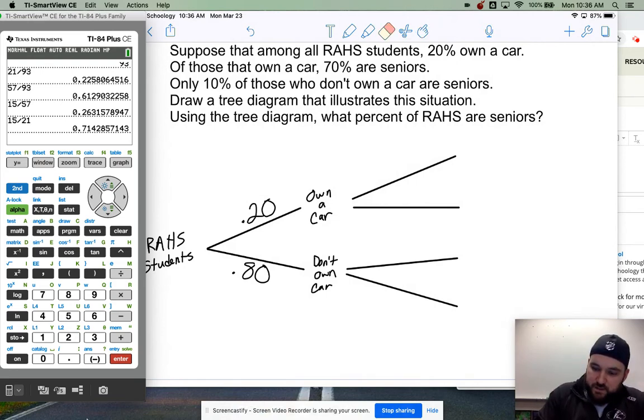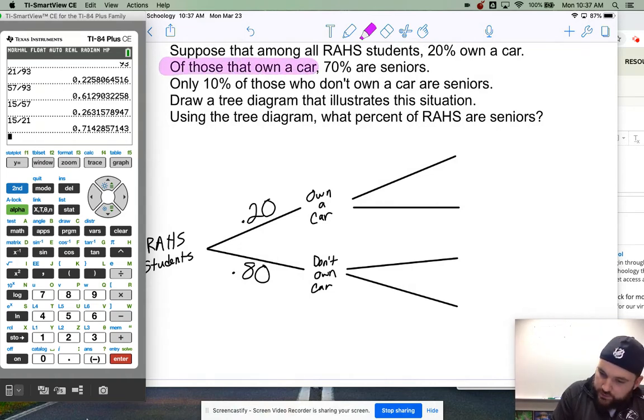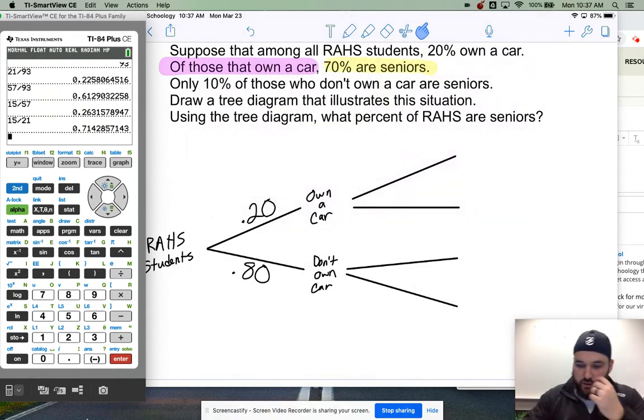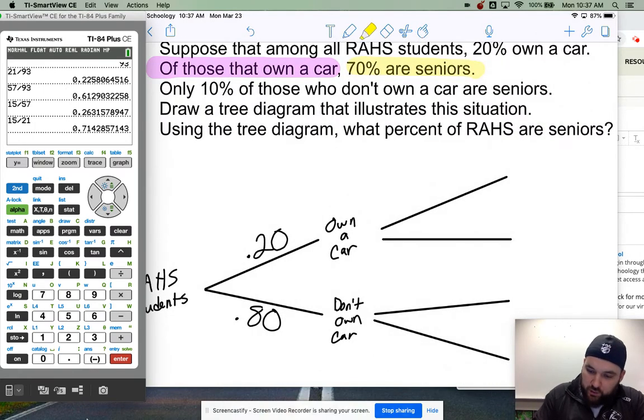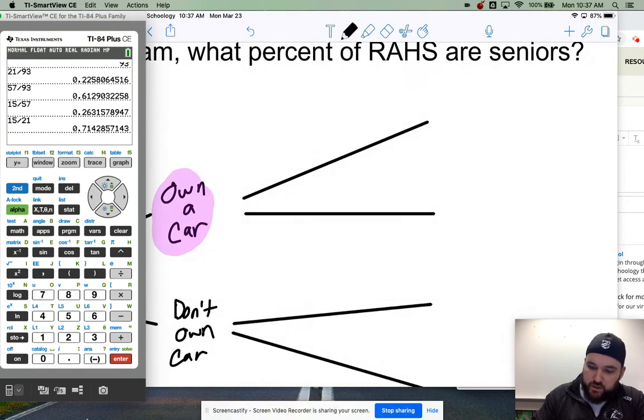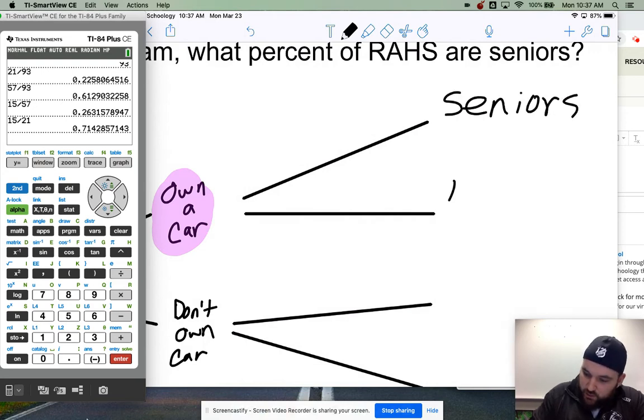And then this next statement is actually a given probability without saying it. Of those that own a car, okay, so if we just look at the people who own a car, 70% are seniors. So right now we are only talking about this group of people right here, those that own a car. We're going to take that group of people and split them into seniors and non-seniors.